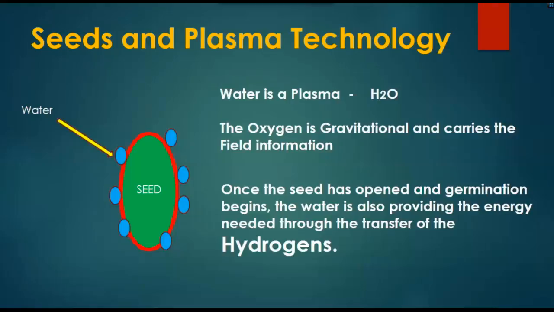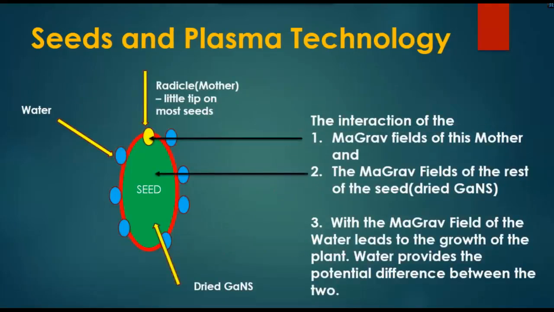Once that seed opens up and germination begins, the water itself also provides that initial energy, which is your hydrogens, for that whole germination process to get going. And so when we look at that seed, you've got your dried GANs inside, and you've got your radicle, or the mother, that's the tip of most seeds.